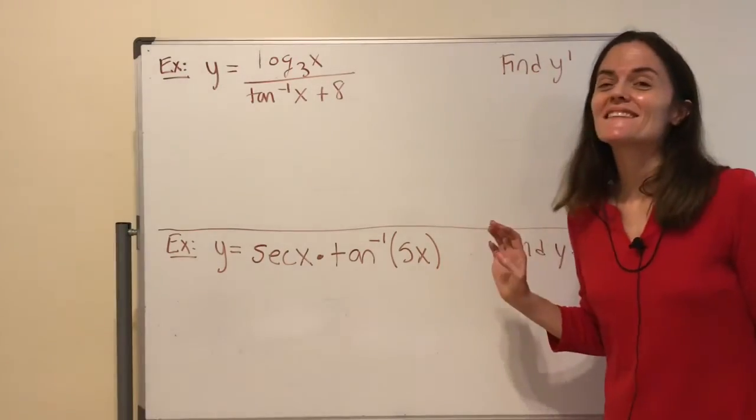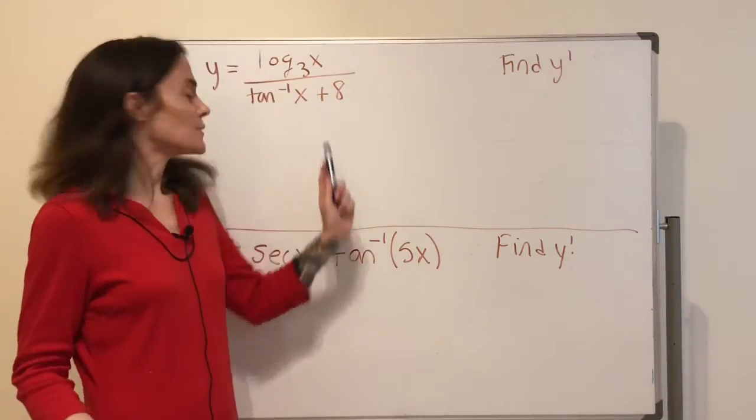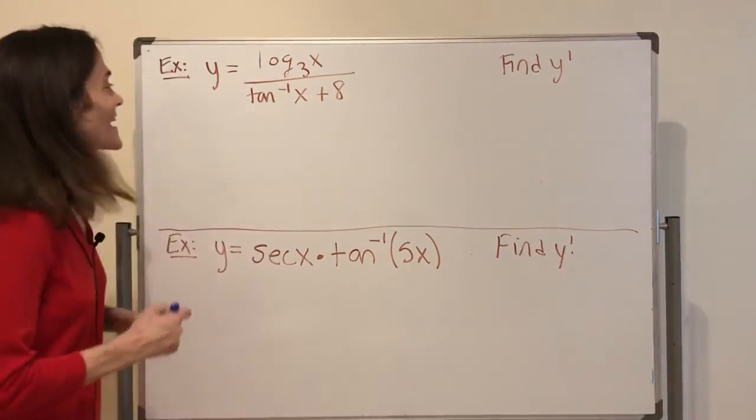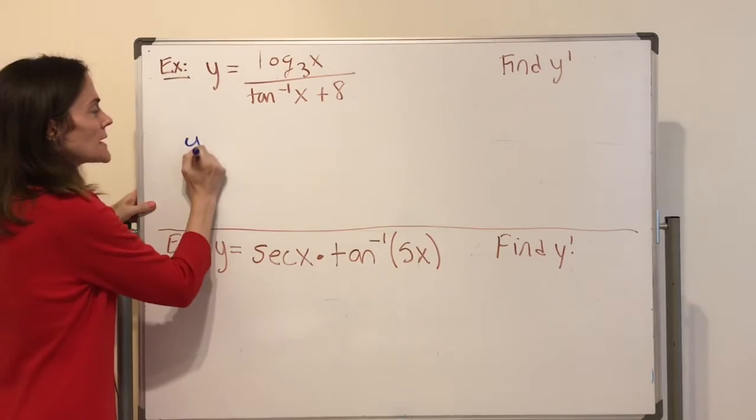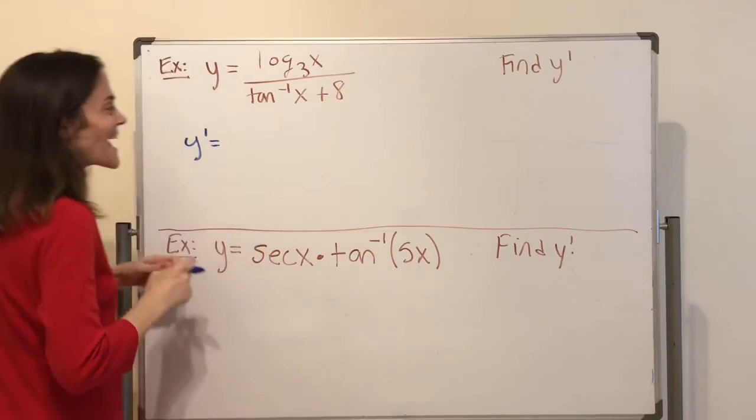Here are two derivatives that involve tan inverse, quotient rule, and product rule. Okay, here we have log base 3 divided by tan inverse of x plus 8.